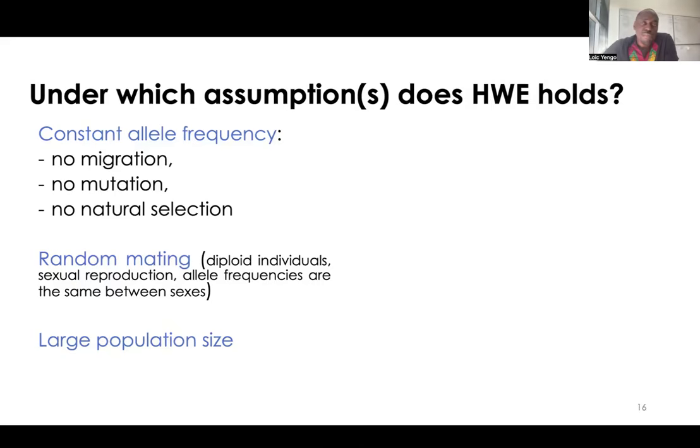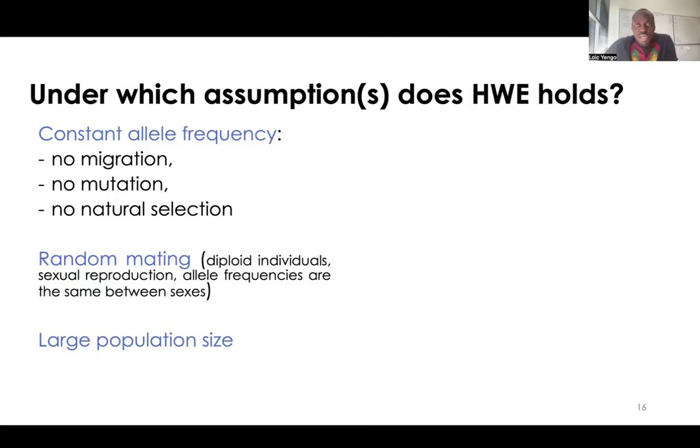If you think about migration as a potential source of influx of genetic material into my population, you don't want that, because it means allele frequency can change as a result. So one of the assumptions underlying the Hardy-Weinberg equilibrium is that there is no migration happening. Or, to tone down that statement right away, the effect of migration is negligible.